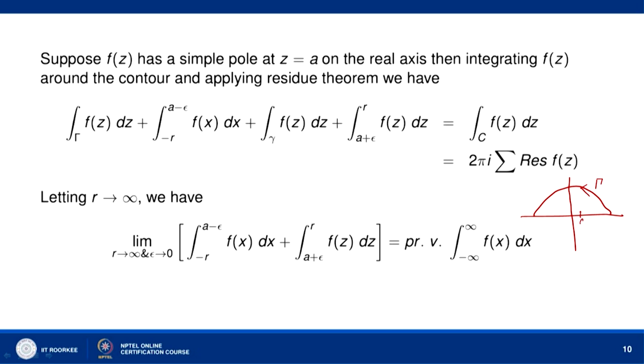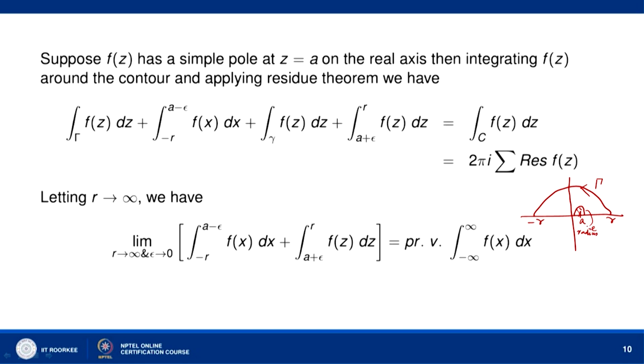Integrating f z around the contour C, which is now this, a semicircle with center at a and radius epsilon. This radius is equal to epsilon.